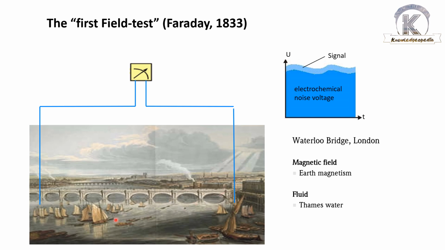So it's a flowing river, so there is a lot of noise, and in those days he was basically using the Earth's magnetism as the magnetic field to generate a signal. In that era of 1833, signal filtering systems, that means electronic suitability, were not present at that time.